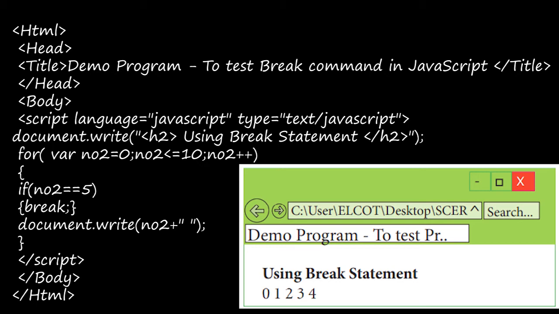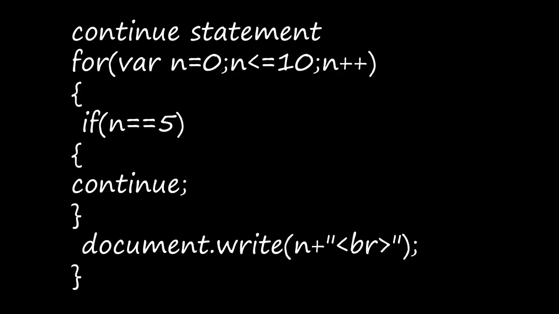Okay, next we are going to see about the continue statement. Right, this continue statement will skip back to the loop check condition. Okay, when you are using this continue, the statement is executed, the current iteration of the loop is terminated and the next iteration will begin.